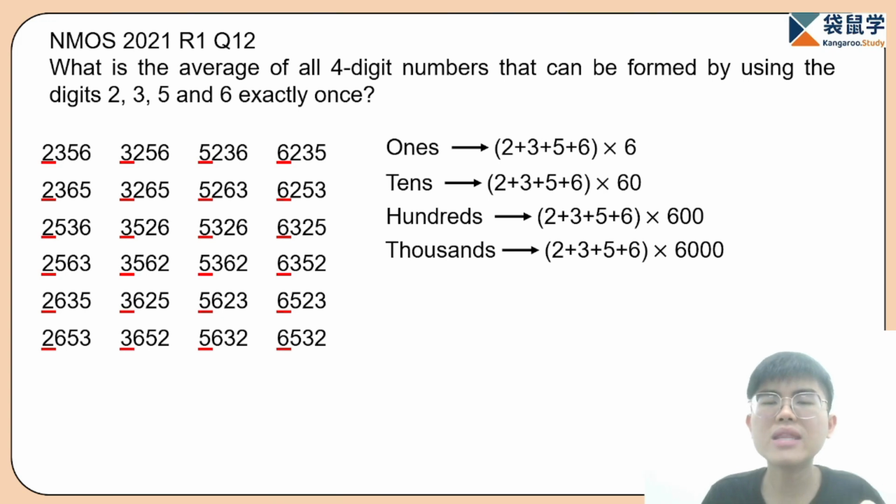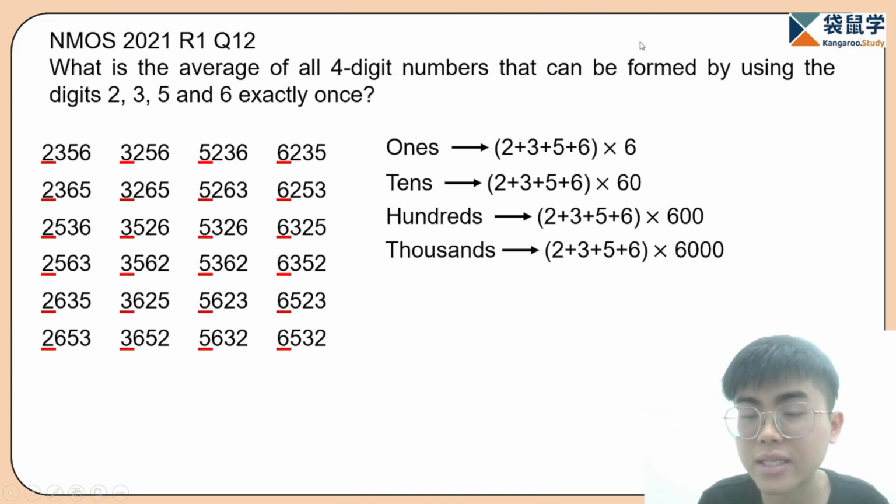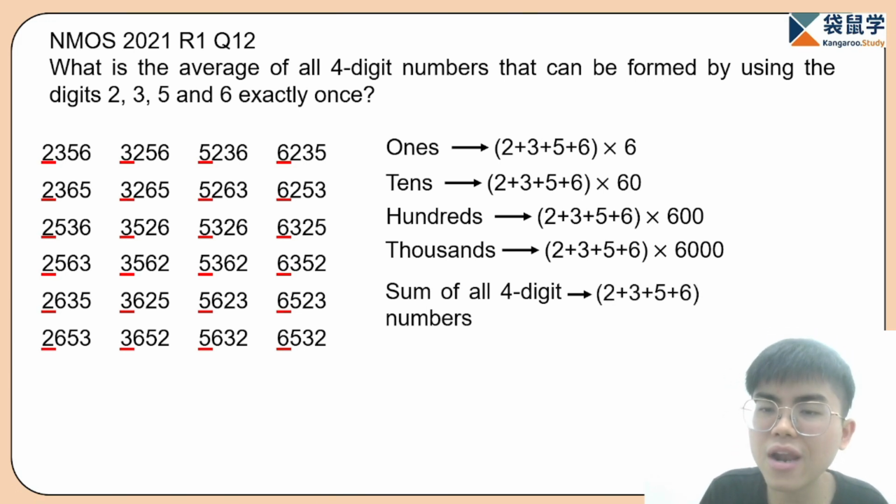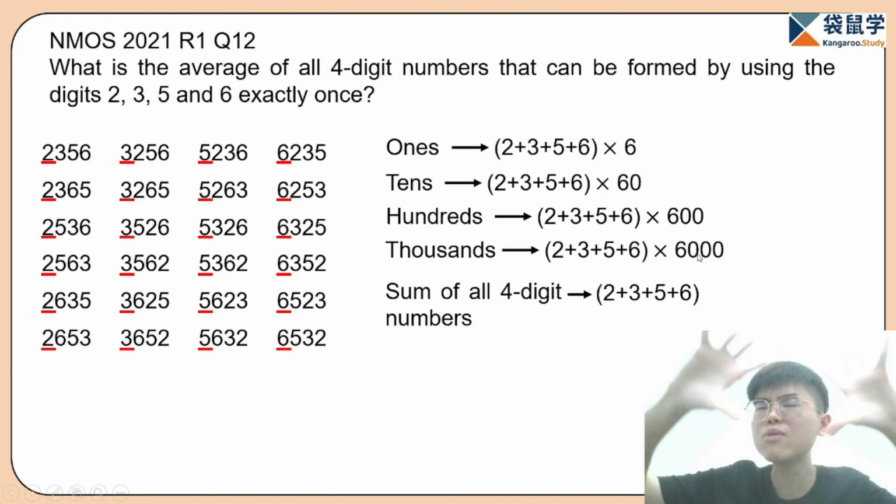So guys, you can see that to find the summation, there is a lot of multiplication here. And in front of all of them, there are 2 plus 3 plus 5 plus 6. So in this case, we can just extract them out. So to find the summation, we have 2 plus 3 plus 5 plus 6, and all of the numbers here, 6, 60, 600, and 6000. We just have to sum that out.